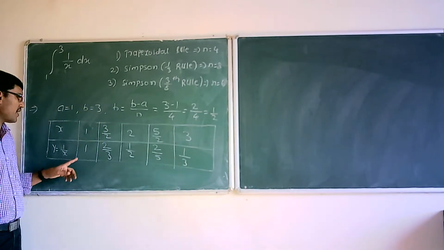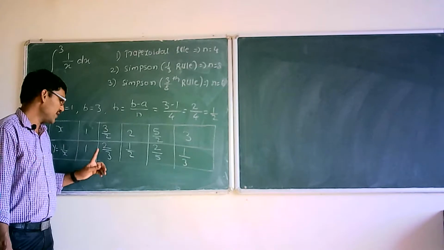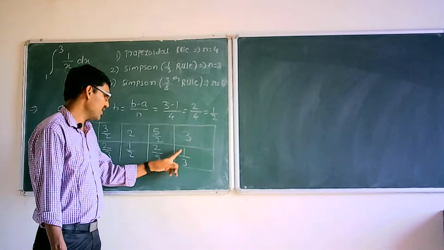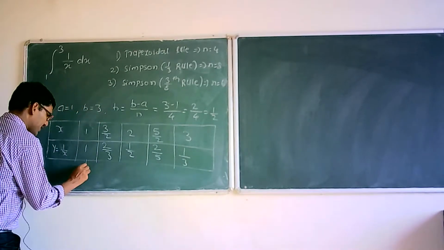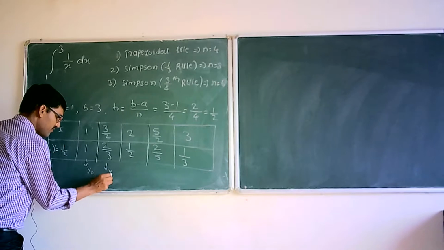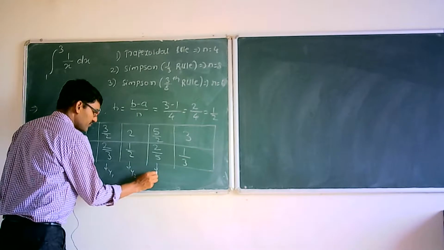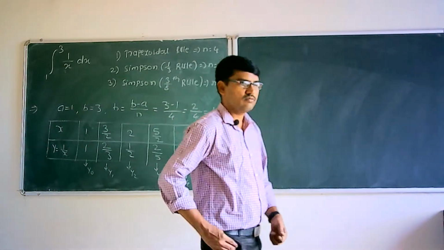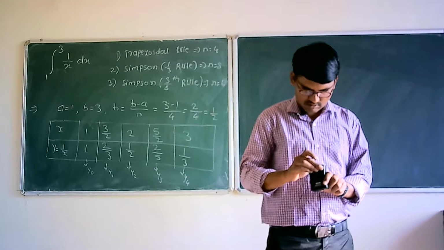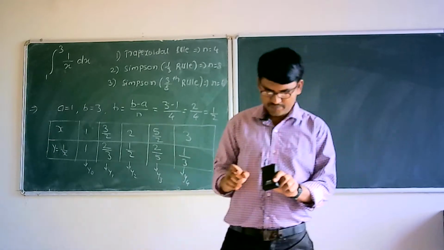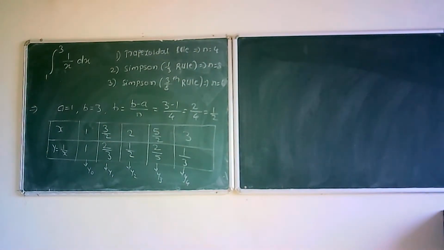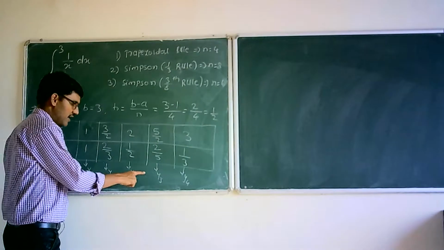Because y is 1 by x, 1 upon 1 is 1, 1 upon 3 by 2 is 2 by 3, 1 divided by 2 is 1 by 2, 1 divided by 5 by 2 is 2 by 5, and 1 divided by 3 is 1 by 3. So this is y0, y1, y2, y3, and y4.